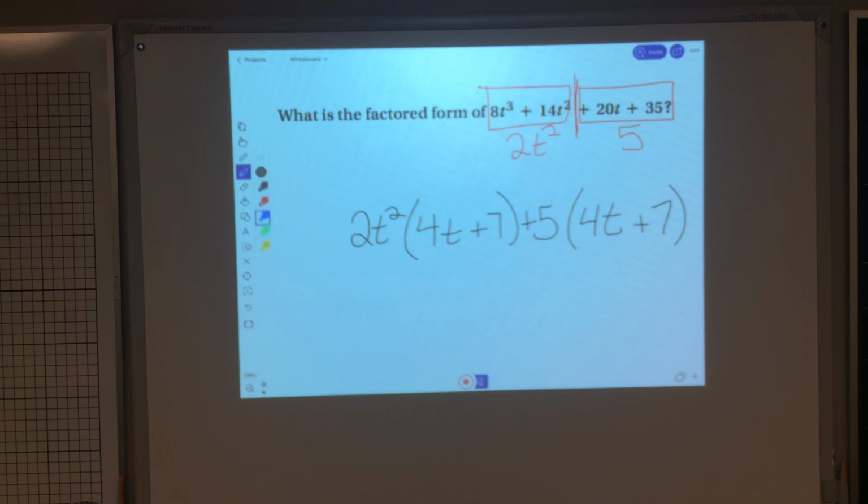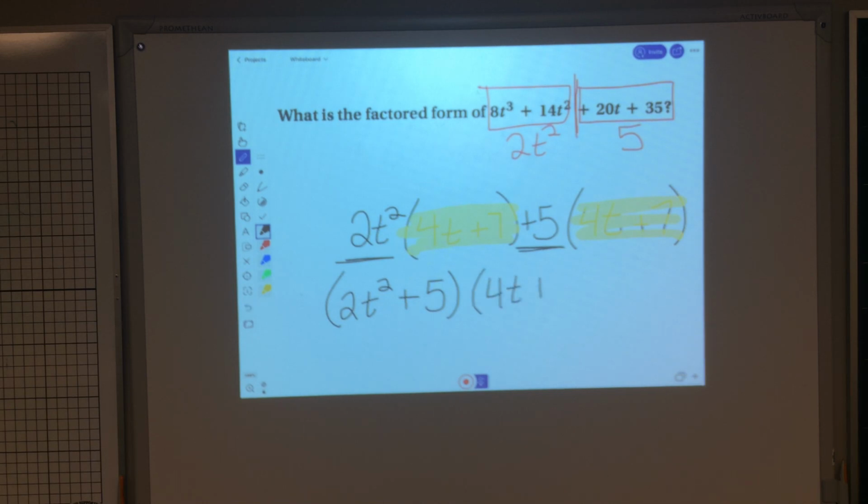Now when I look at those parentheses, 4t plus 7 is the same as 4t plus 7. So now I have my factors. My first factor is what I have outside of the parentheses, 2t squared plus 5, and the other factor is what was left inside those parentheses.